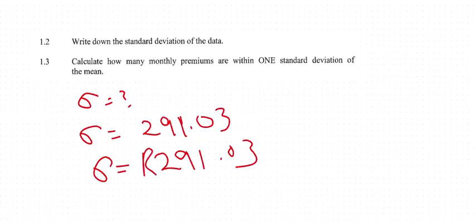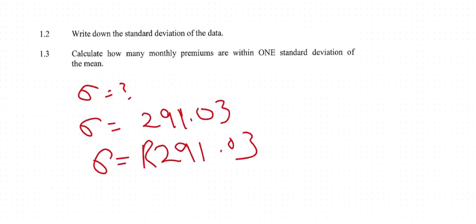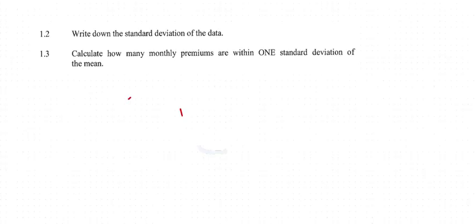So what is the next question? Calculate how many monthly premiums are within one standard deviation of the mean. We need to find out how many monthly premiums are within one standard deviation of the mean.